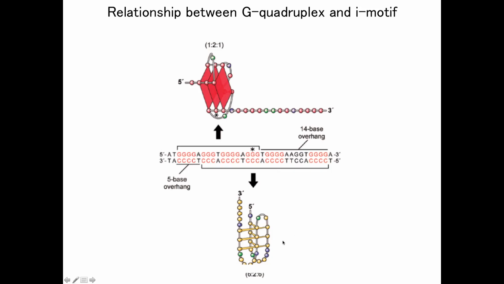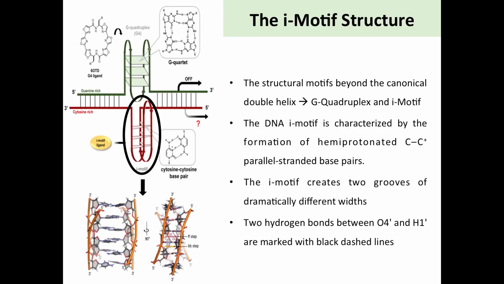It's a very interesting point. This is an example to form the G quadruplex and the i-motif. Both structures are very important for the function of DNA, for example for controlling transcription and replication and so on.